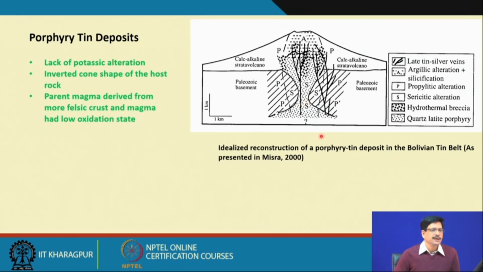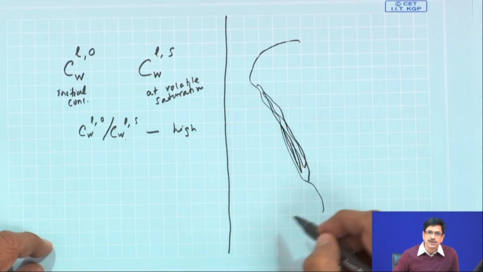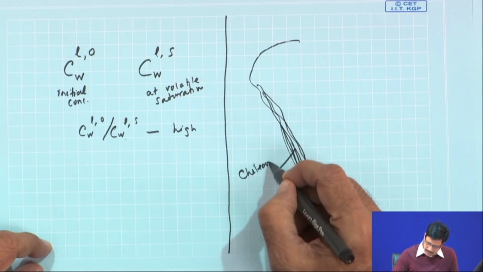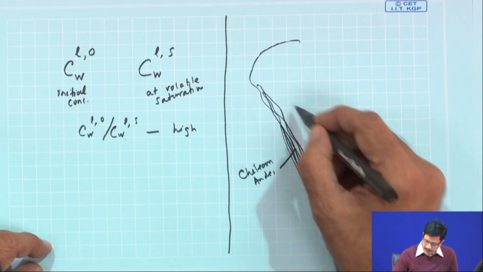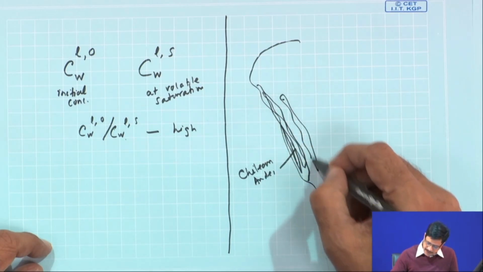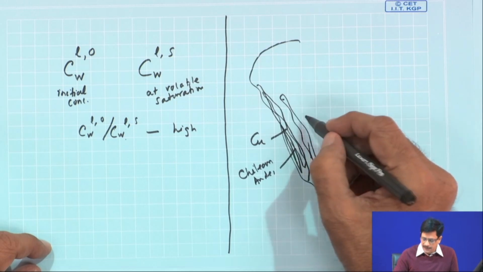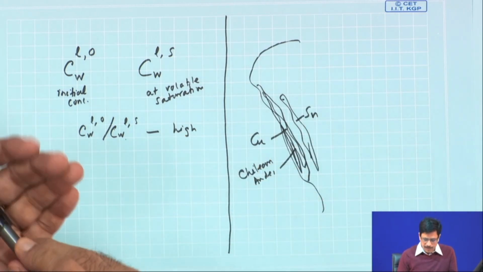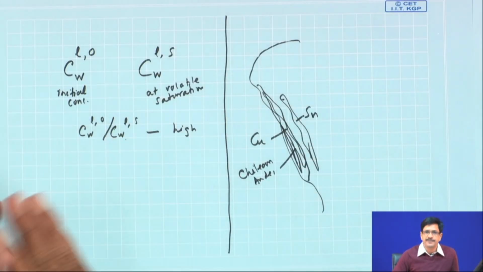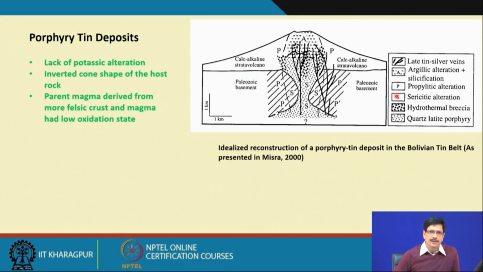If we look at the Chilean Andes margin, this generally is the porphyry copper belt, and a little to the eastern side we have the tin belt, the Bolivian tin deposits, which are observed to be occurring on the eastern or the continental side from the Andean margin, so more or less conforming to a similar kind of architecture.